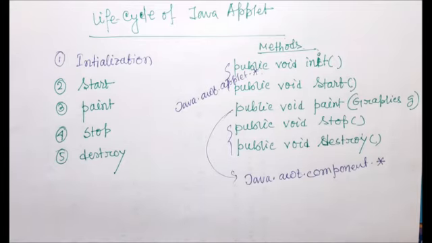So first I have discussed the init method. The first step is the init method, the first method to call. So first it will call the init method. In the init method, this is where you should initialize the variables, and this method is used to initialize the applet, and it is called or invoked only one time during the runtime of an applet, that is, when you execute or run the applet program.